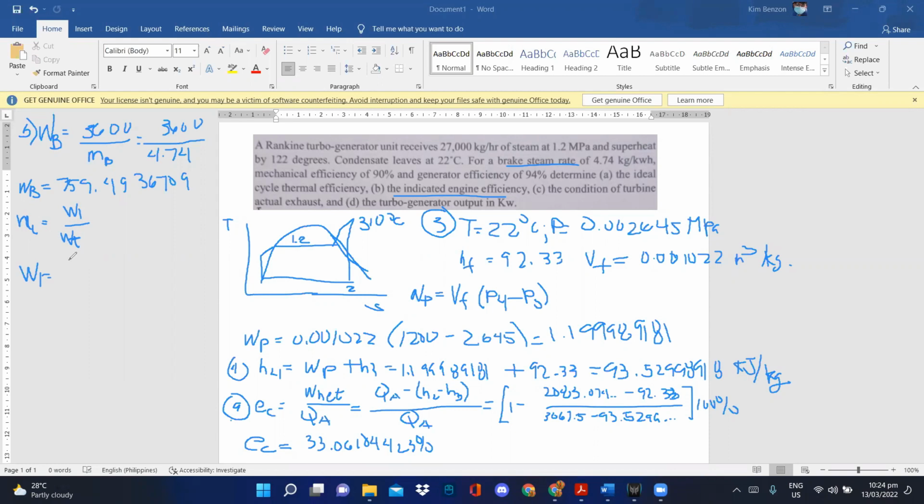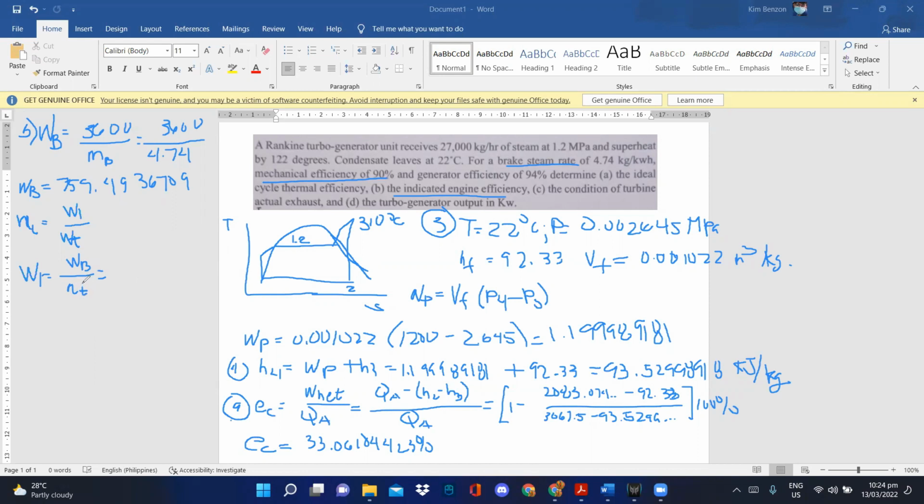Indicated work is equivalent to your brake work all over your thermal efficiency. May ibinigay na term na mechanical efficiency, which is 0.90. Sorry, you have your brake. Pag brake, ang katambal niya is mechanical, hindi thermal.